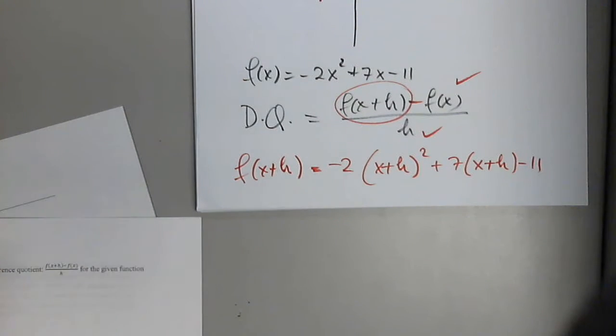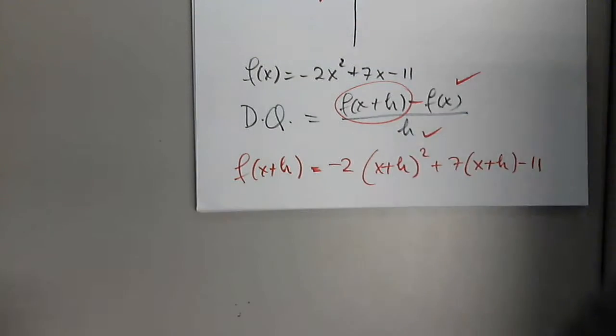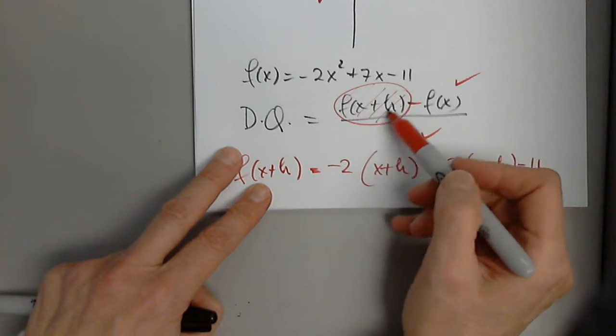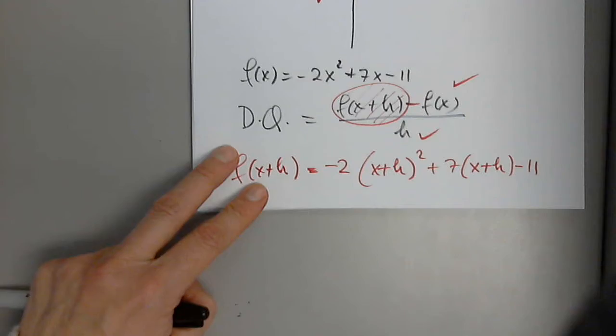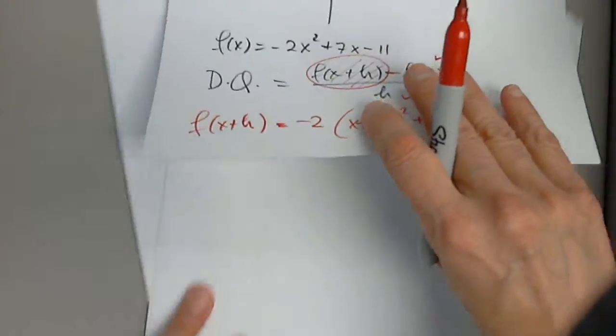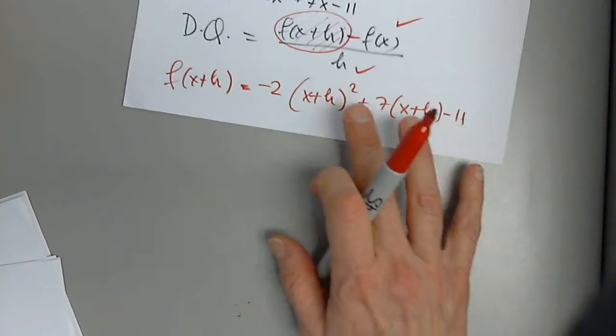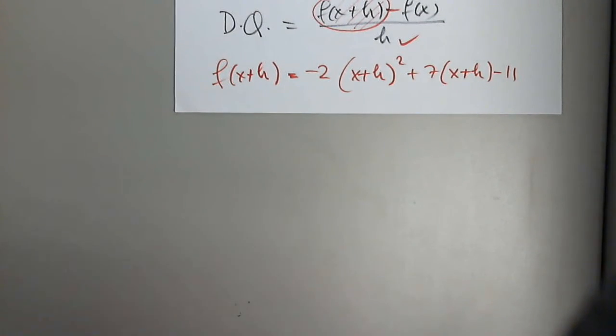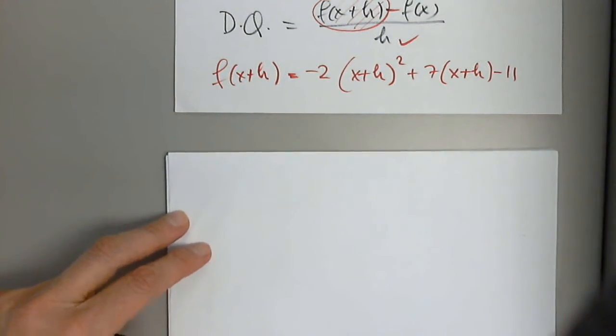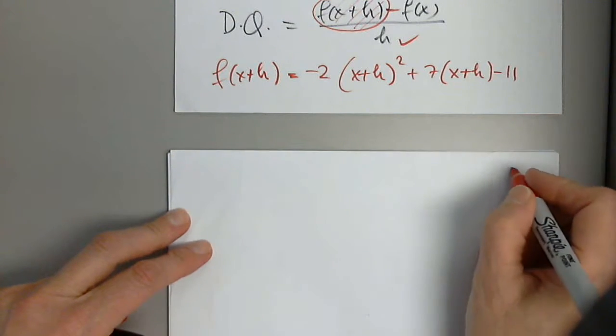However, it requires work because I have to completely simplify it before I replace this with it. So what do I have to do first? What operation do I perform first? Yes.